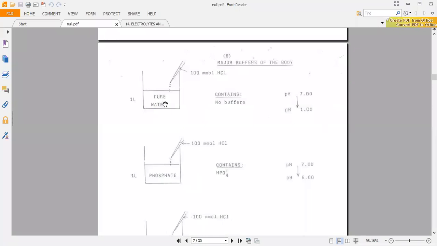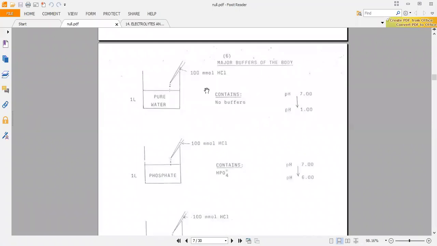Now, we know pure water has a pH of 7. If you have 1 liter of pure water and I add 100 millimoles of HCl to this, the pH of the pure water will change from 7 to 1.